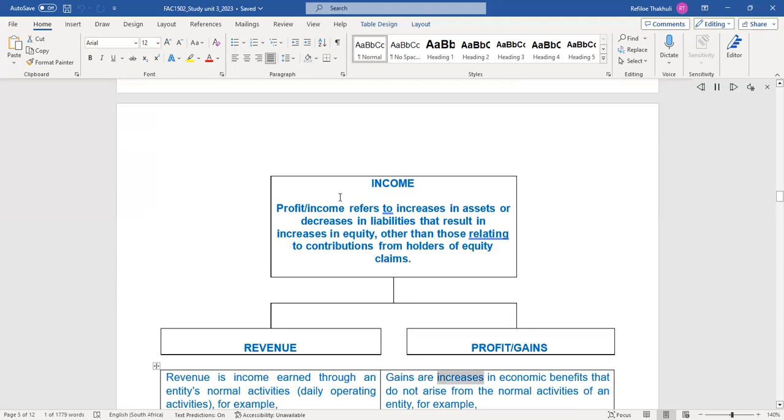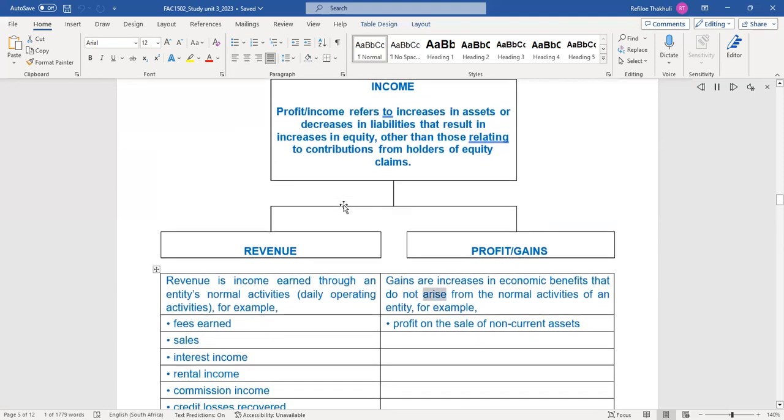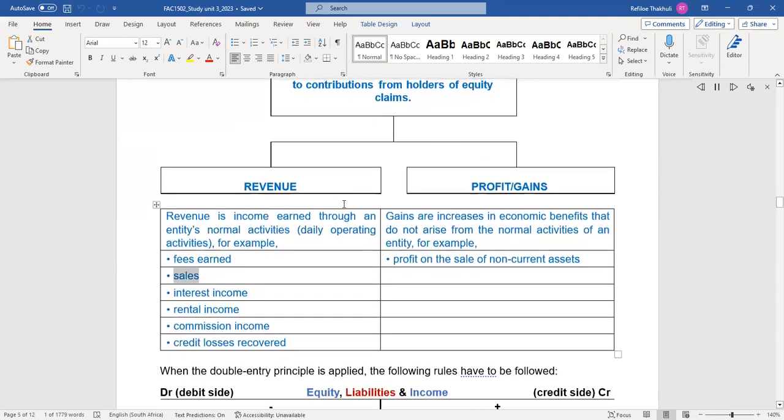Gains are increases in economic benefits that do not arise from the normal activities of an entity, for example, fees earned, profit on the sale of non-current assets. Sales. Interest income. Rental income. Commission income. Credit losses recovered.